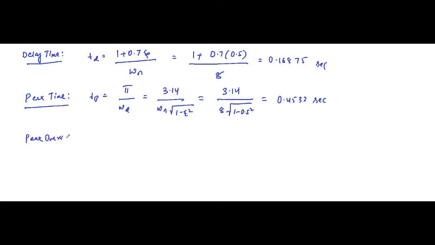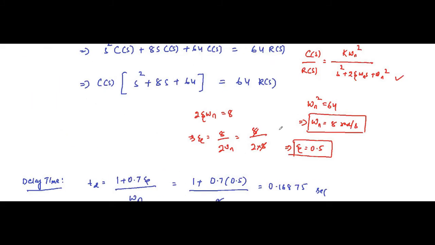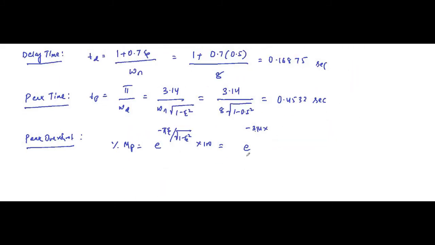Then we have peak overshoot, which is given in terms of percentage. The percentage of peak overshoot is equal to e to the power minus pi zeta by root over of 1 minus zeta square into 100, which is equal to e to the power minus 3.14 into 0.5, the zeta value we calculated, by root over of 1 minus 0.5 square, into 100.